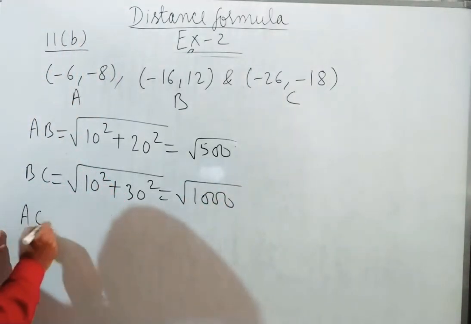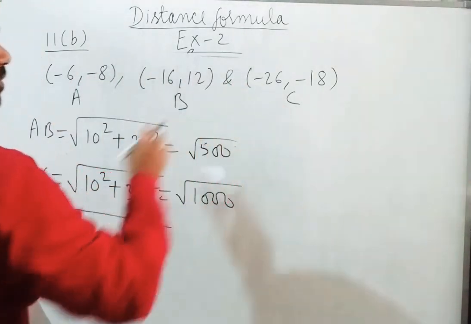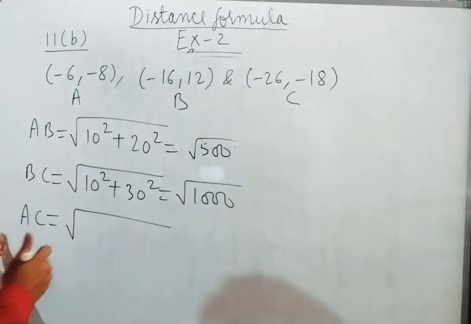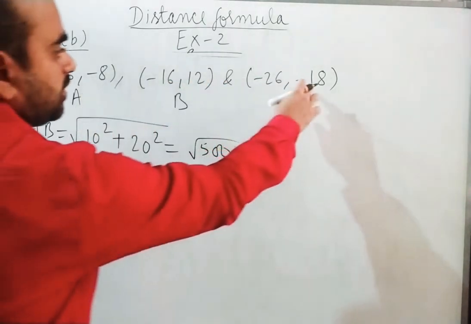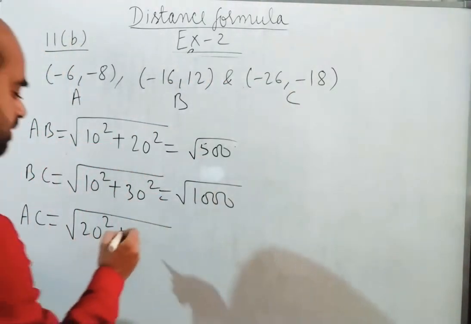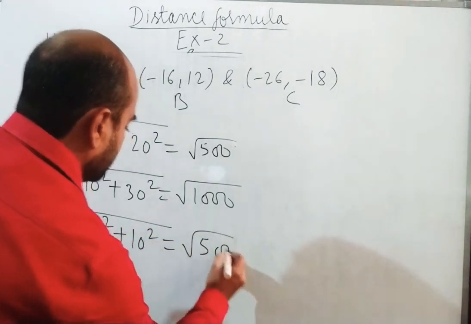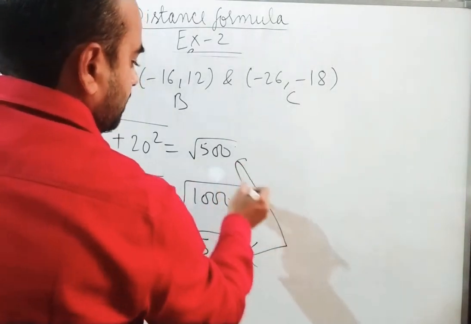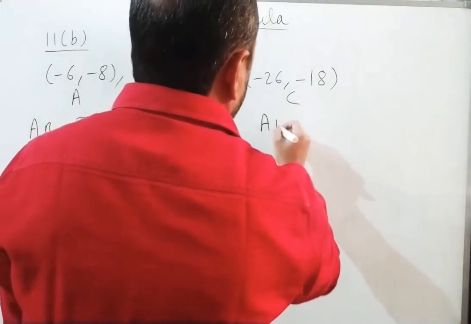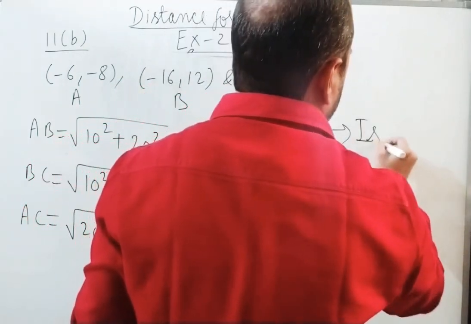Last, AC: -6 minus -26, that is 20 square, plus -8 minus -18, that is 10 square. So this is 400 plus 100. So we can see two sides are equal. Which one? AB equal to AC. It means that will prove what?